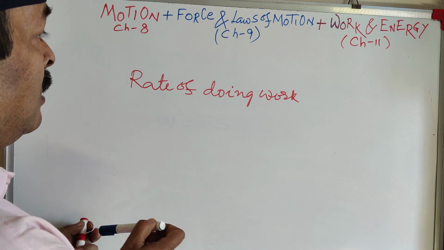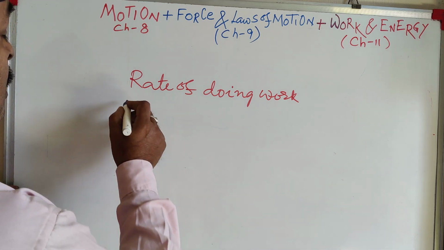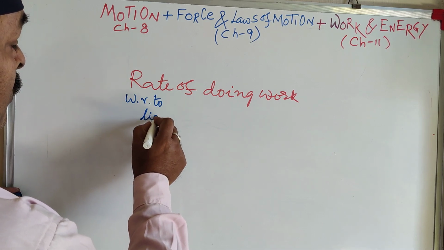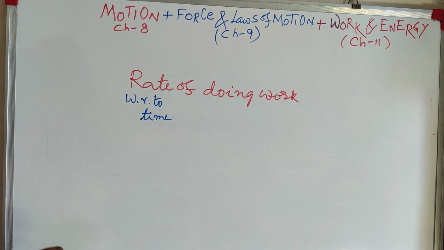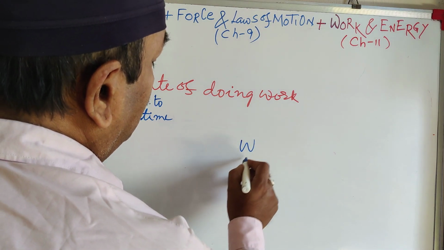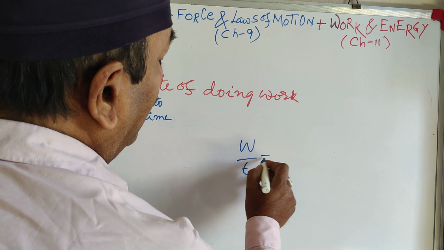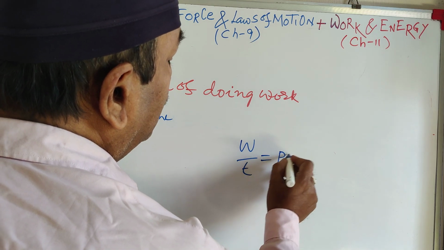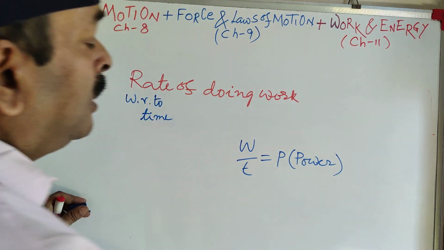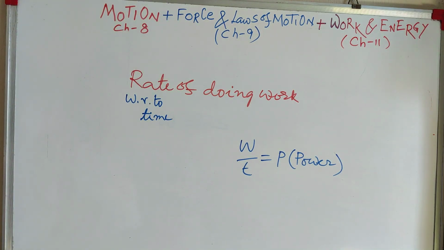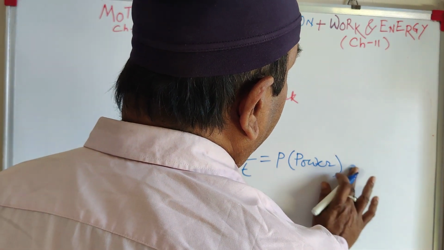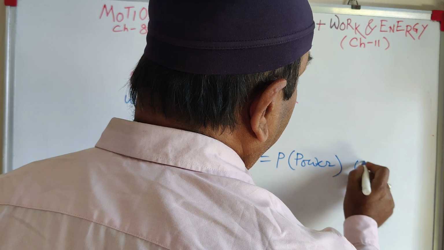And rate, as I told every time, means with respect to time. So work is W, time is T, and this is called P, power. Rate of doing work is called power, and the power unit is watt.